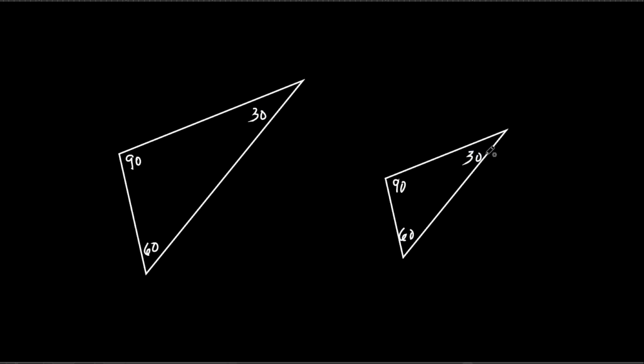So they give you this, and they say that this side is x, and this side is 6, and the other sides are 5 and 3.